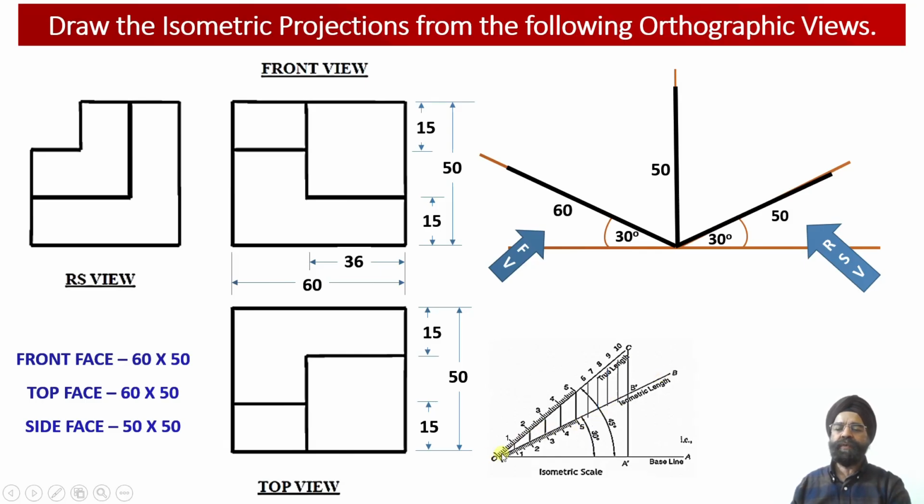Once we are able to convert these true length dimensions from the true length scale into the isometric scale, only then will we start with the construction of the isometric projection of this engineering object.